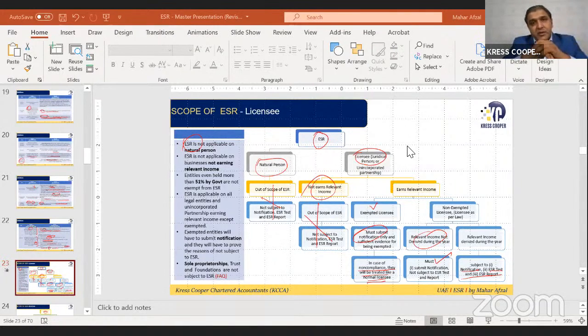For this year, we need to submit the notification as soon as the portal is launched by the Ministry of Finance. But in the future, we will have 6 months maximum. We will be required to submit the notification within 6 months from the end of the relevant financial year.